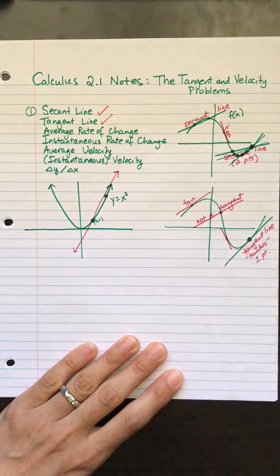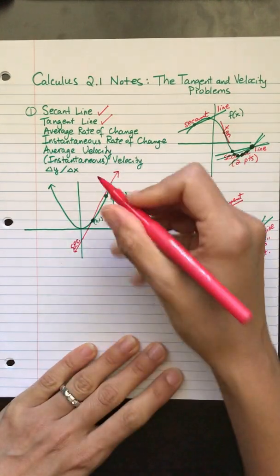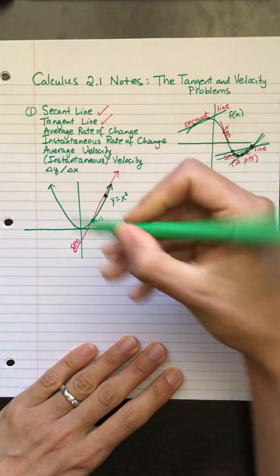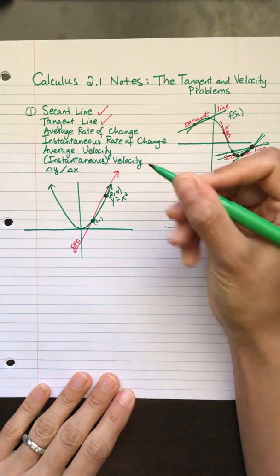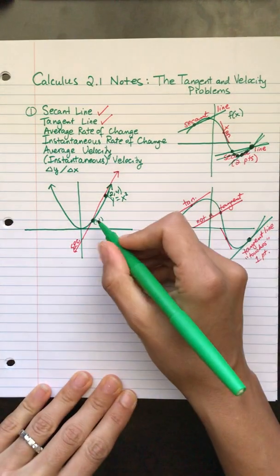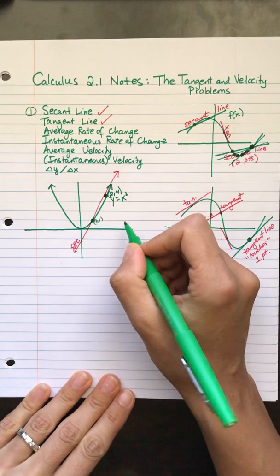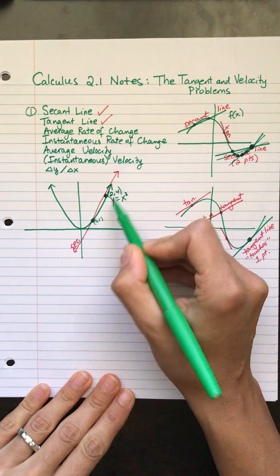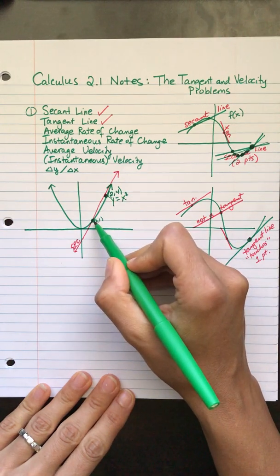I have a secant line, right? S-E-C for secant. Let's say this is the point 2, 4. Is it possible to get the slope of this red secant line? It sure is, because to find a slope, how many points do you need? You need 2 points, right? You would do y2 minus y1 over x2 minus x1, and you could get the slope.